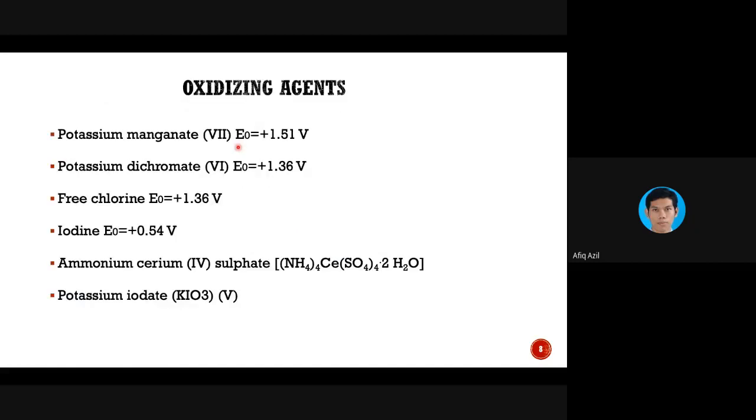Some common examples of oxidizing agents: you have potassium permanganate, where this is the oxidation number of the manganese itself, and then potassium dichromate, where the chromium is 6.